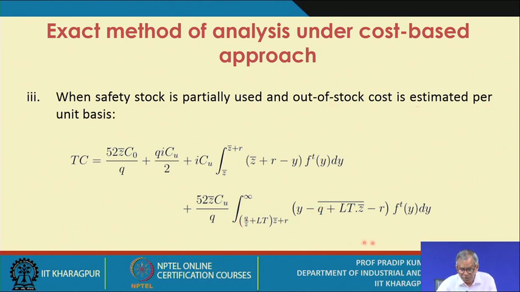So per unit basis, this expression is the fourth term, and per unit basis means this is the expected number of units short. Is it okay? And this is the number of order cycles, and this is the per unit out of stock cost.